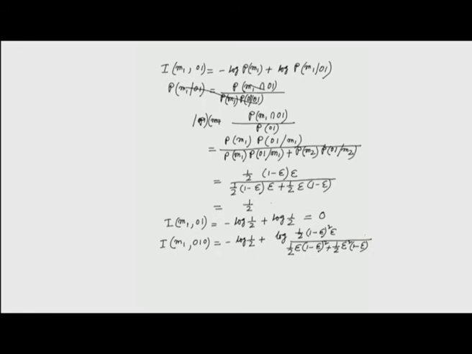So, this one will give 1 plus log of 1 minus epsilon.